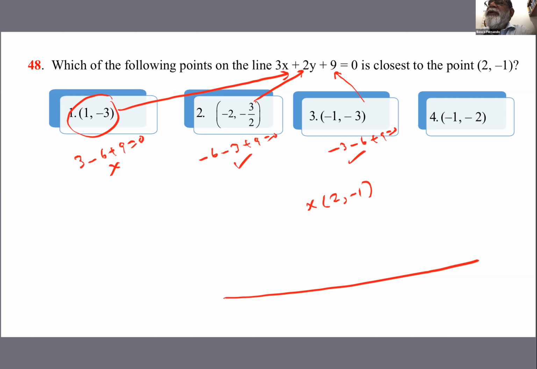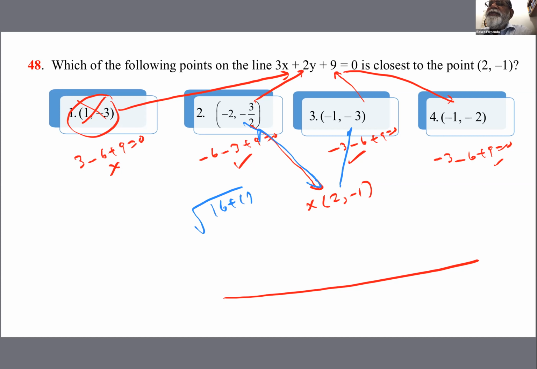Can this be an option? Yes, -3 minus 6 plus 9 is equal to 0, this also can be an option. So only the first one leaves the race. So closest to that point means find the distance between them. When you find the distance between them, it is root of 16 plus something.